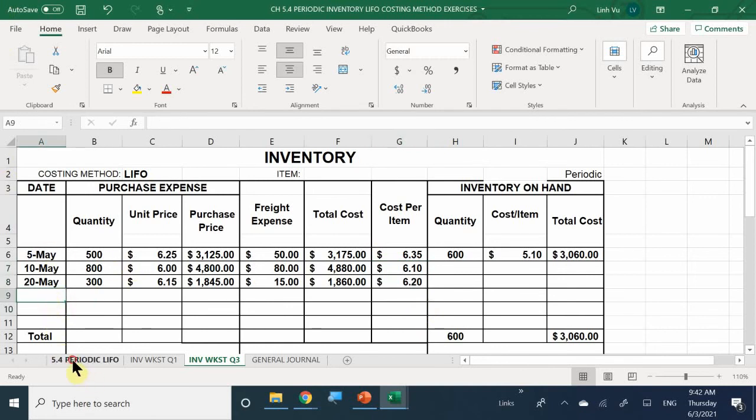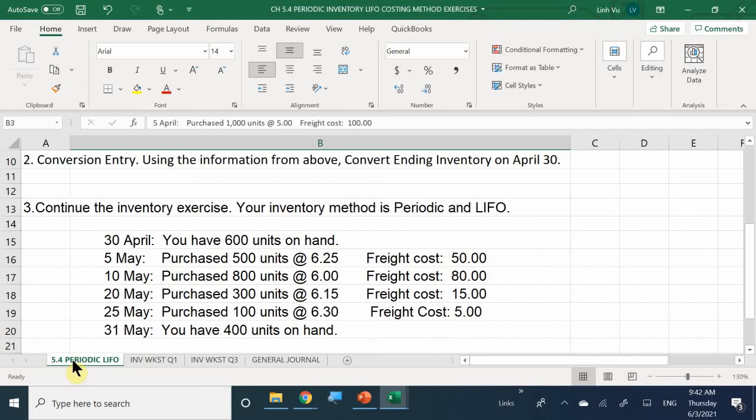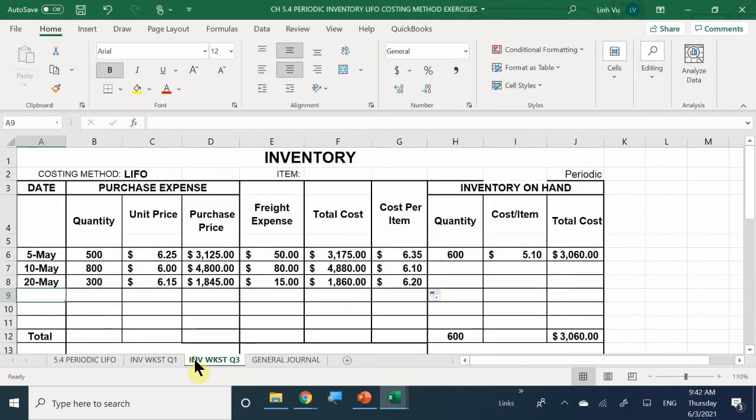All right. Last but not least, what happened on May 25th? You purchase 100 units at $6.30, and the freight cost was $5.